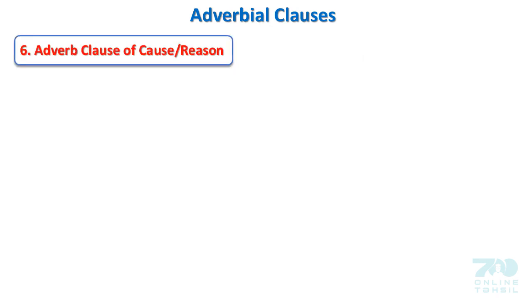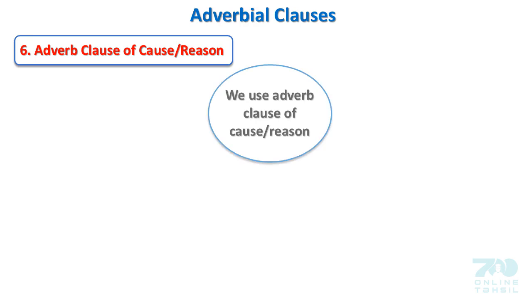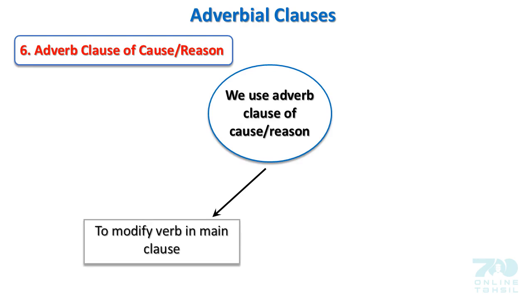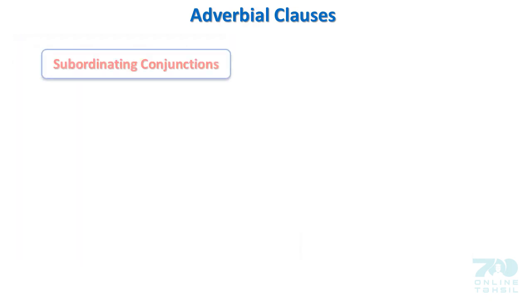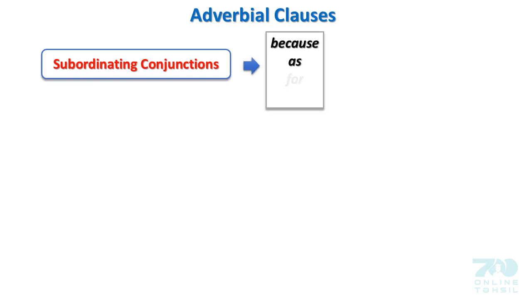6. Adverb clause of cause, reason. We use adverb clause of cause, reason to modify a verb in main clause and to tell the cause that an action takes place. Subordinating conjunctions: because, as, for, that.